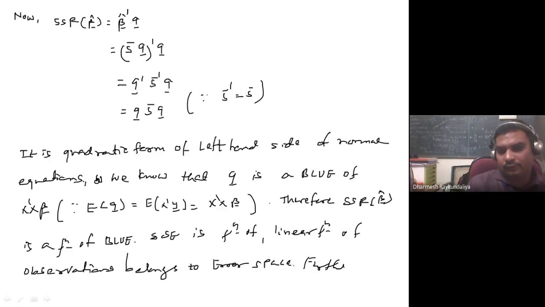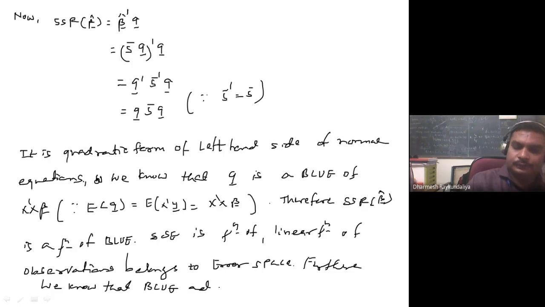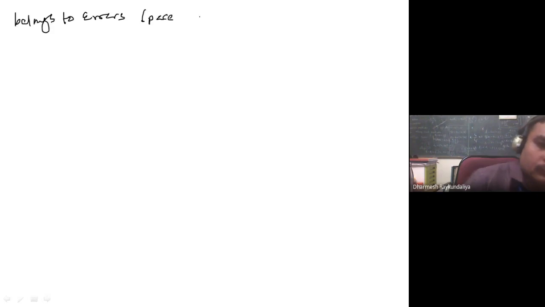Further, we know that a BLUE and any linear function of observations belonging to the error space are independently distributed.